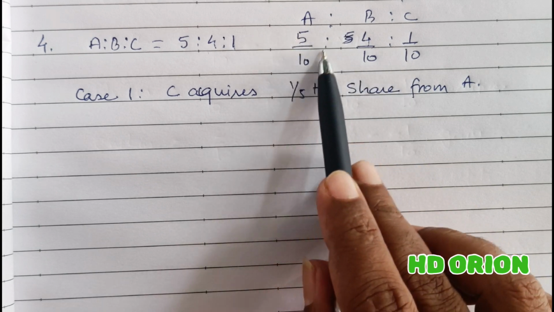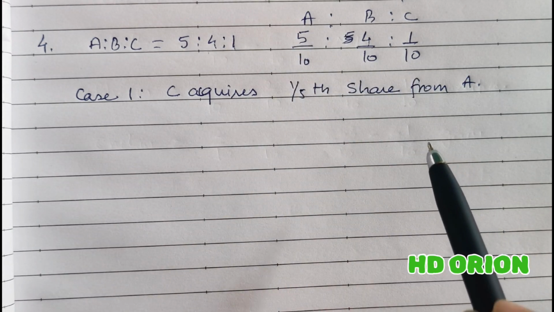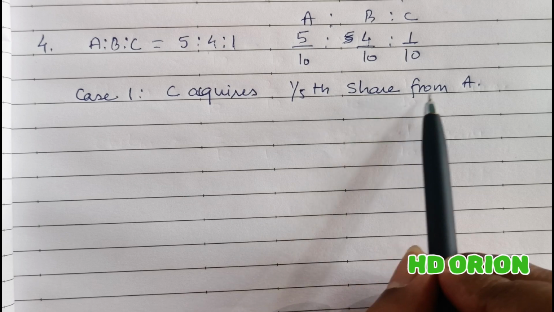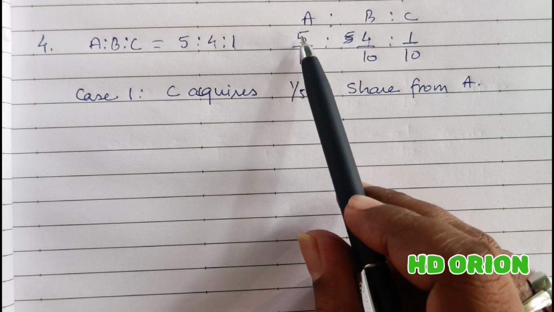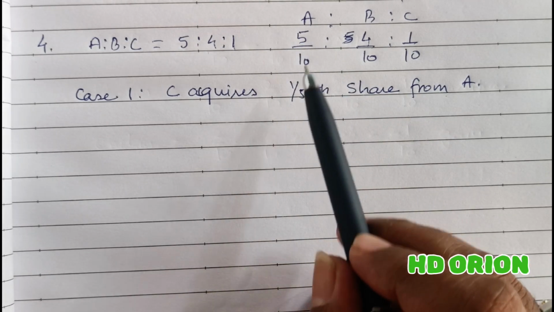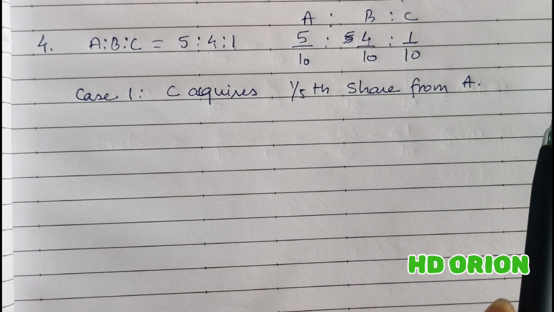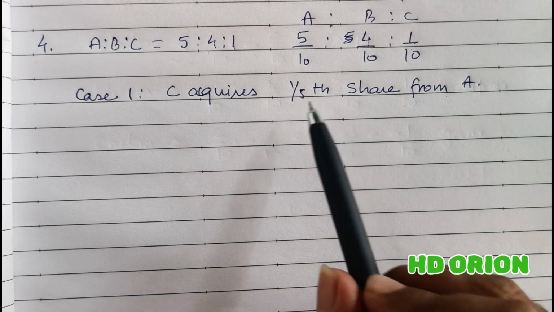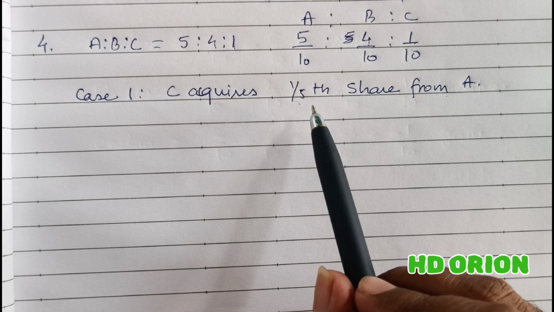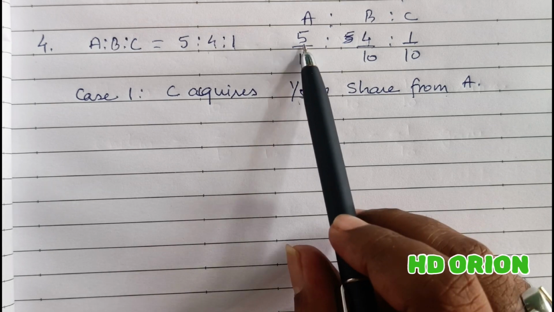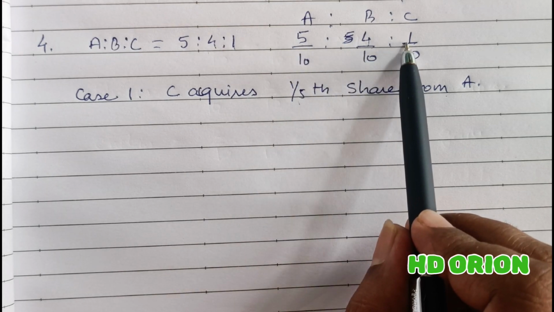Now the concept is based on total profit. Here 1/5 share from A doesn't mean that 1/5 of A's portion will be given to C. It is not the case. It is the case in which, out of the total profit, 1/5 portion will be taken from A and given to C.